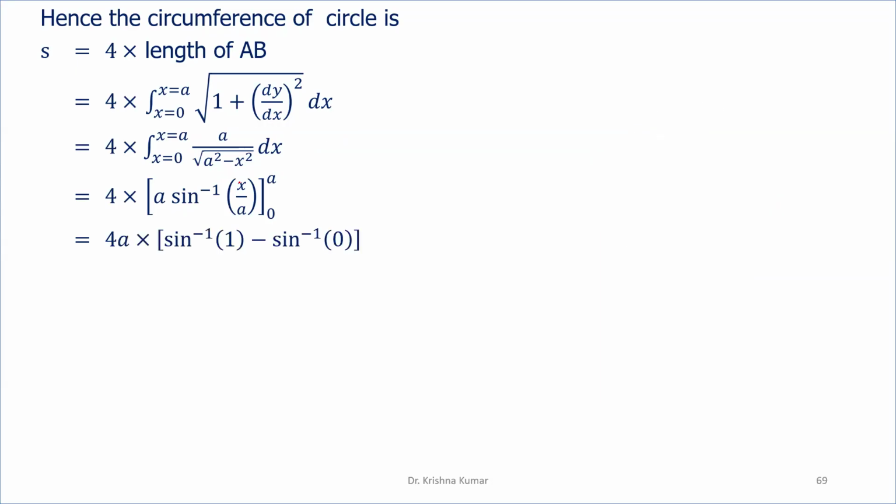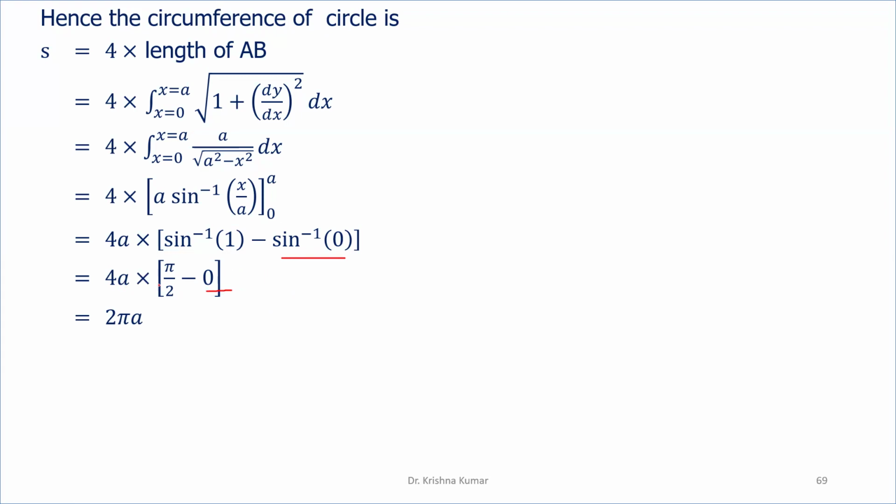Now if we put the upper limit a, a by a is 1, and multiplied by 4a it becomes 4a times sine inverse of 1. For the lower limit, x equal to 0, it becomes sine inverse of 0. We know that sine inverse of 1 is pi by 2, and sine inverse of 0 is equal to 0.